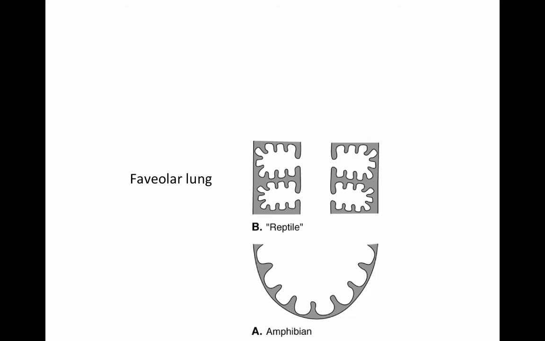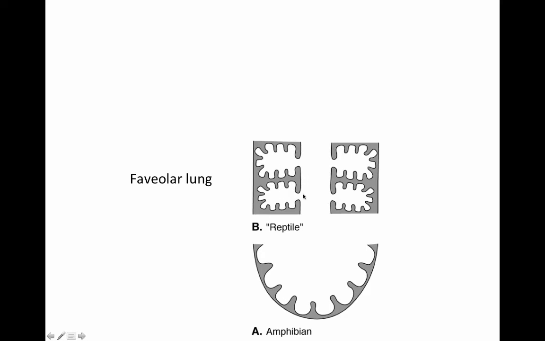In the sauropsids, we see something called a faveolar lung. So if we start from this starting point with just little folds in the surface of the sac, what we start to see is more and more subdivision, more and more infolding in these faveolar lungs. These increase the surface area by just successive levels of invagination of the surface.